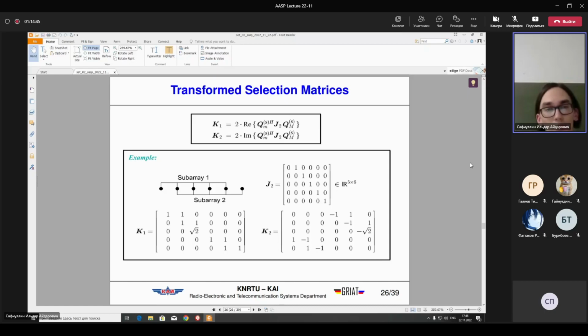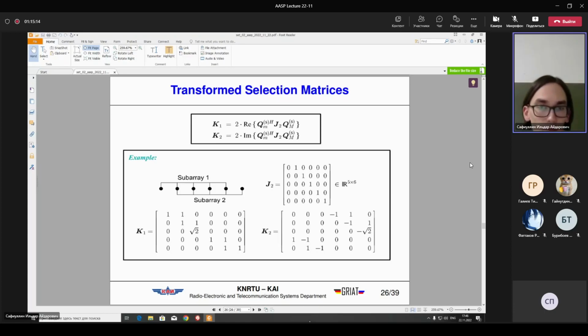And for transformed selection matrix 2, we take the imaginary part of the same multiplication. Here we have an example with overall number of elements equal to 6, and we use the maximum overlap case, so we will have 5 elements in each subarray.